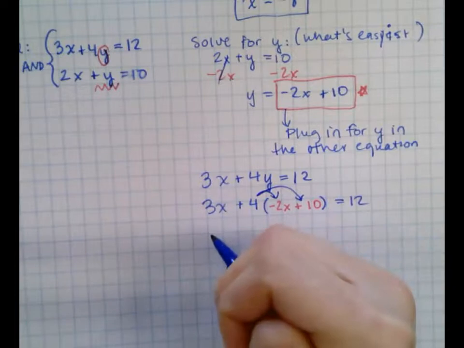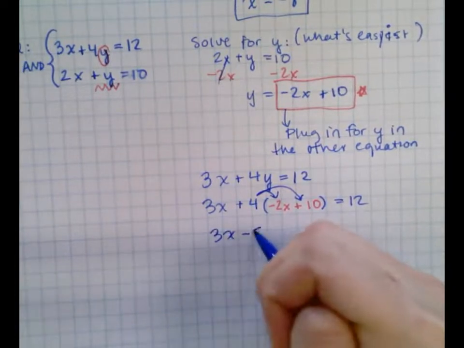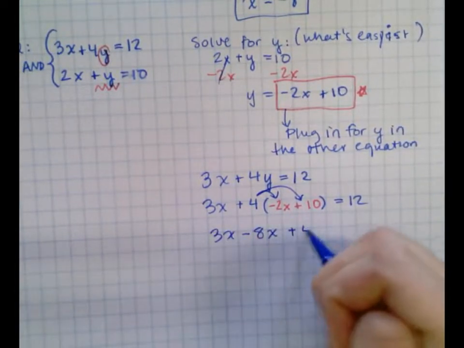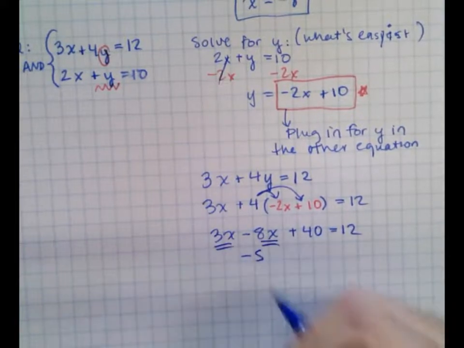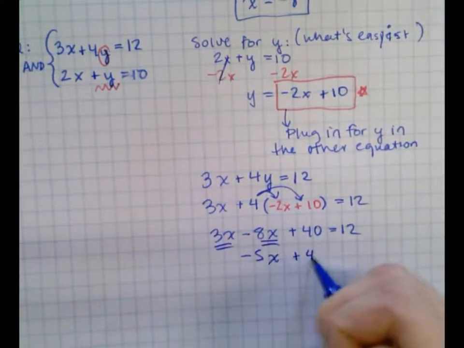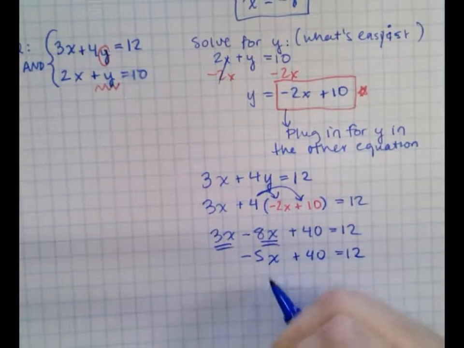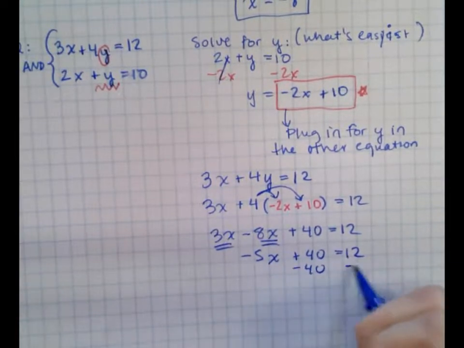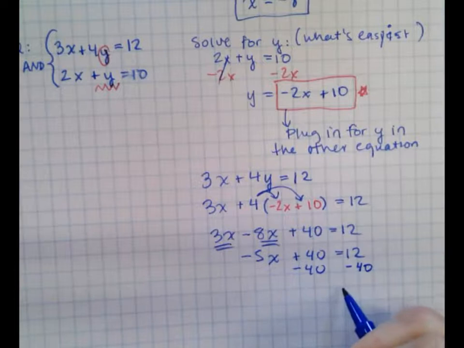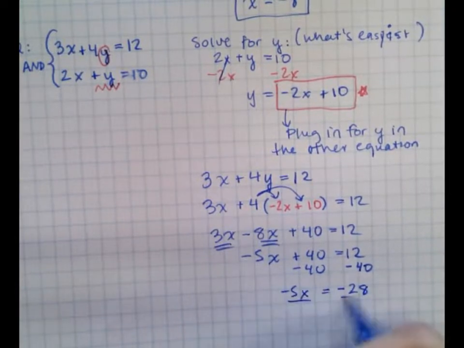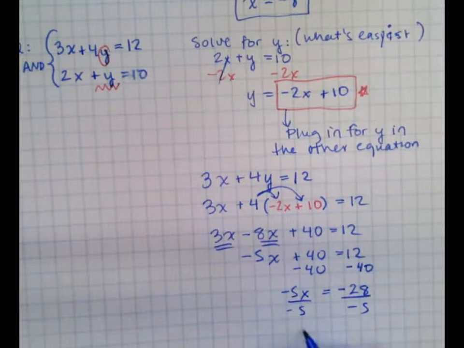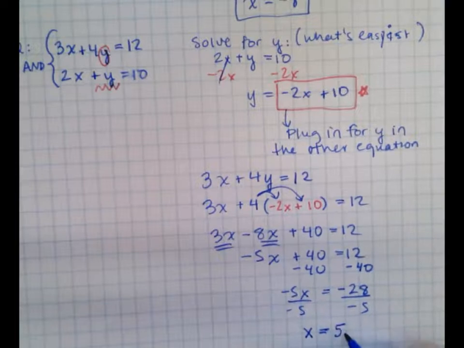I'm going to distribute that 4 in, and I get negative 8x plus 40 is equal to 12. Combining my like terms here, I get negative 5x plus 40 is equal to 12. I can subtract away a 40, and I get negative 28 is equal to negative 5x. Divide by negative 5, and x equals, well, this is a fraction. If I plug that into my calculator, I get 5.6.